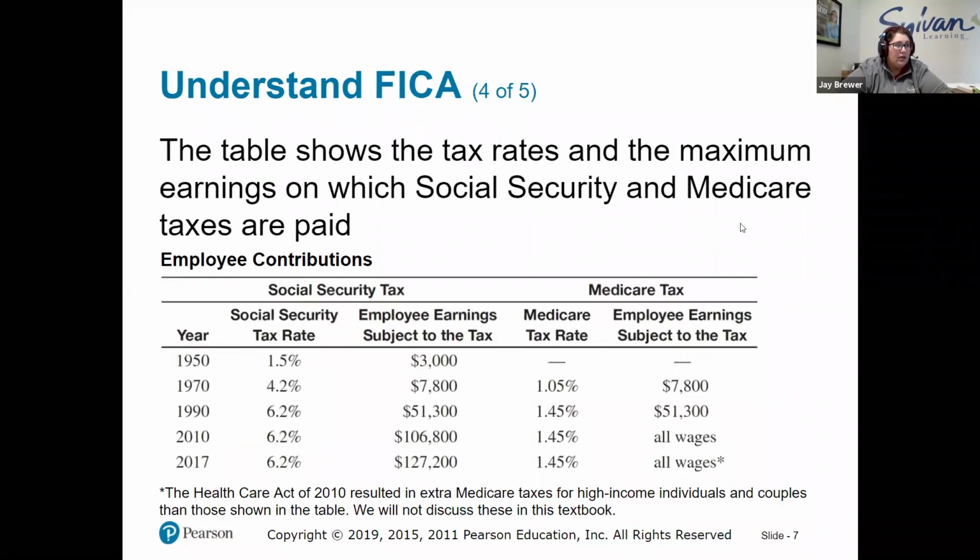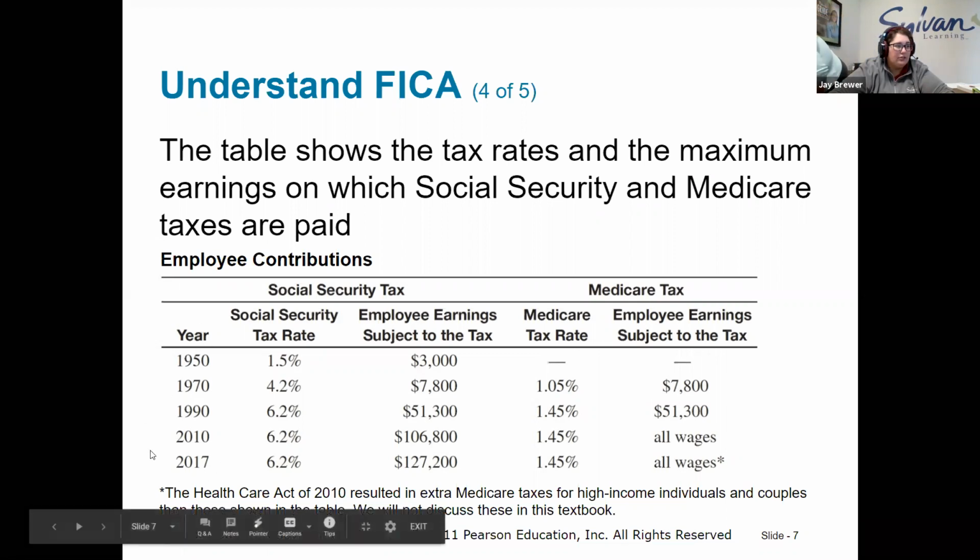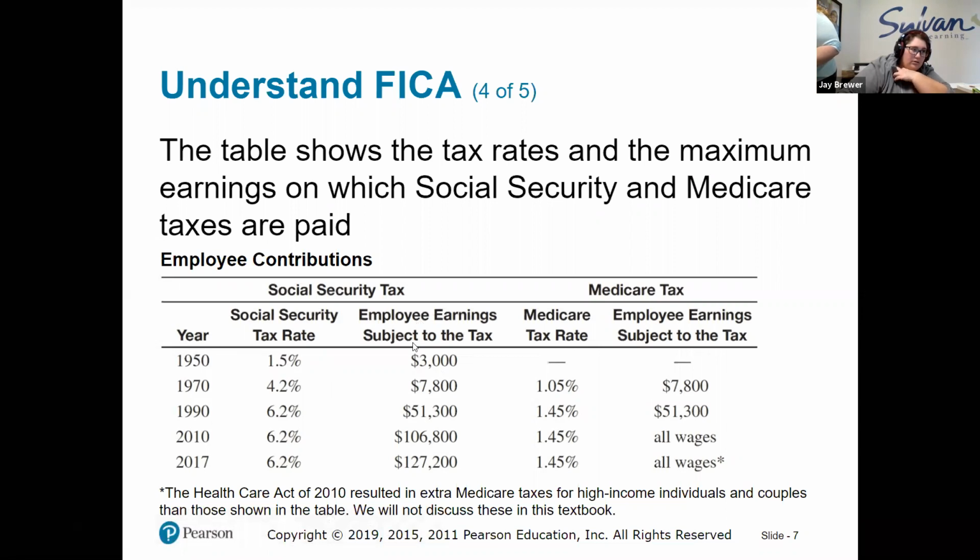Okay. So the table shows the tax rates and the maximum earnings on which Social Security and Medicare taxes are paid. This kind of shows you the history of it, like as it changed. The rates. Employee earnings subject to the tax, Medicare tax rate, employee earnings subject to tax.